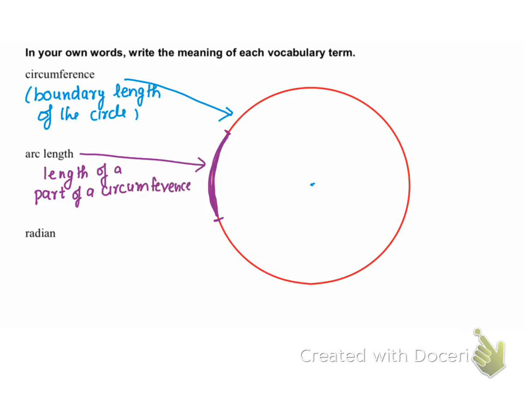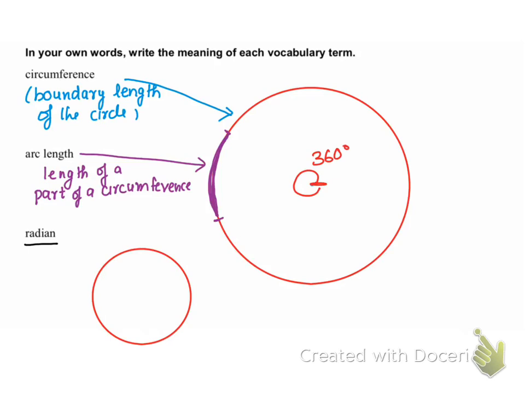And then we have radian. Radian is basically when we have a circle, like if this is a circle. In degrees, what's the total? If you talk about the angle here, how much is that angle? That's 360 degrees.